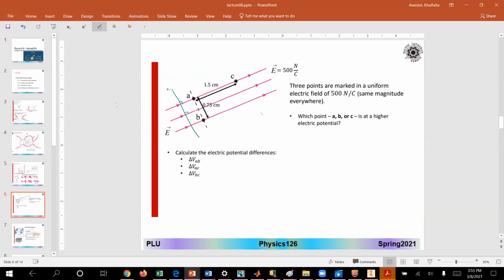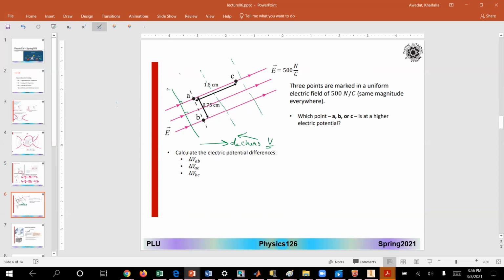The second fact, we reverse the fact: the direction of the electrical field means the direction of decrease of the equipotential. So this one should be larger than this one, larger than this one. In this direction, V decreases, just to keep in mind.